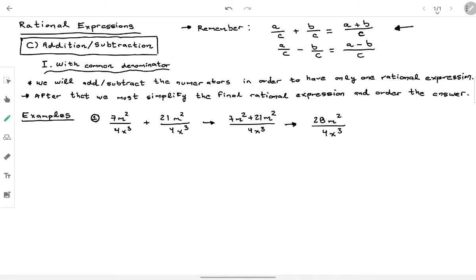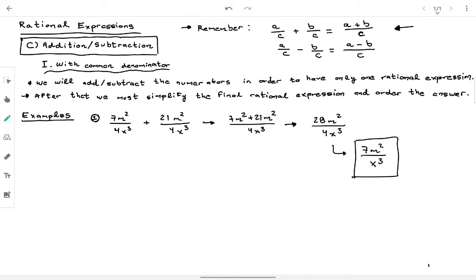Here we can simplify because 28 divided by 4 is a whole number, so it's 7m squared divided by x cubed, and that will be my first answer. This one is super simple because it's only adding or subtracting the numerators, and after that we try to simplify it.